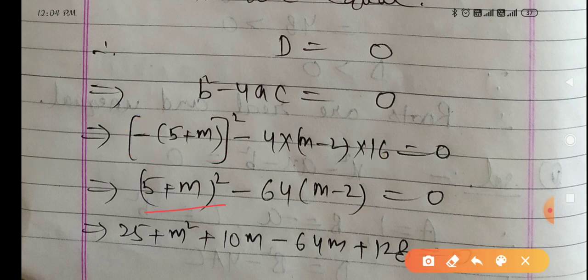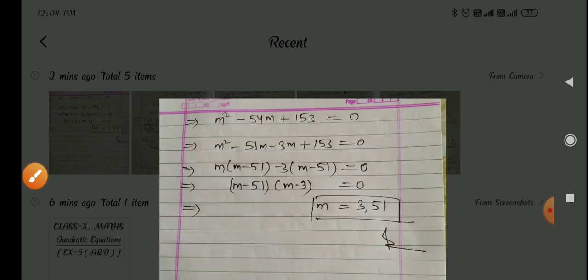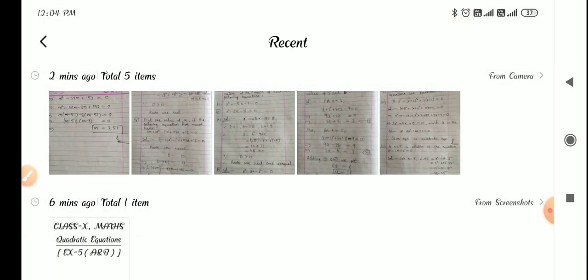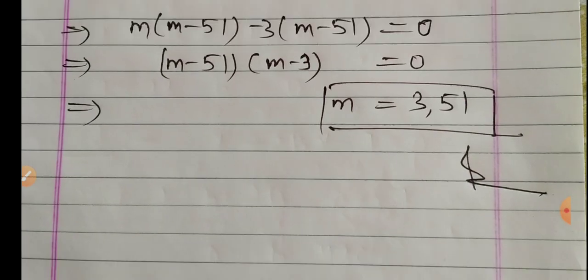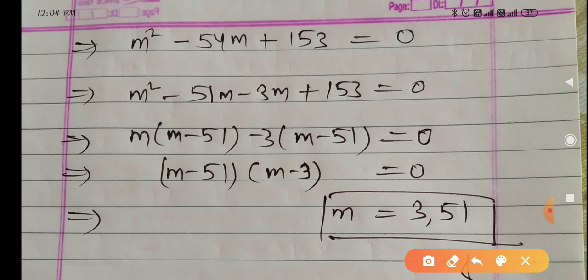Now open the a plus b whole square identity: 25 plus m square plus 10m minus 64m plus 128 equals 0. You can see here m square minus 54m plus 153 equals 0 after simplifying. So factorize it.